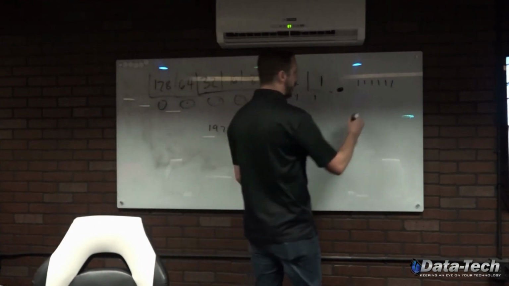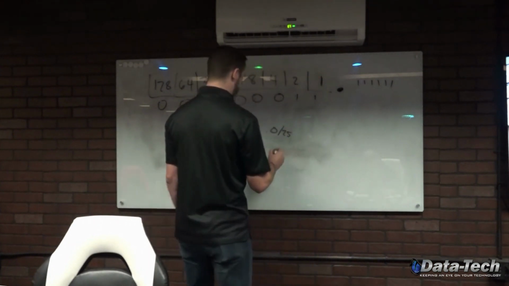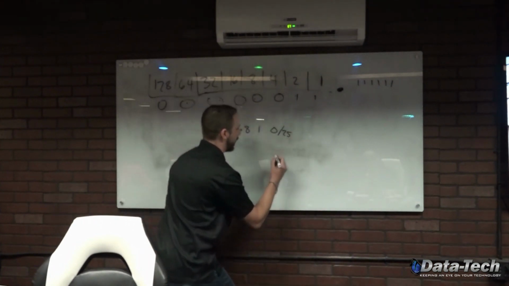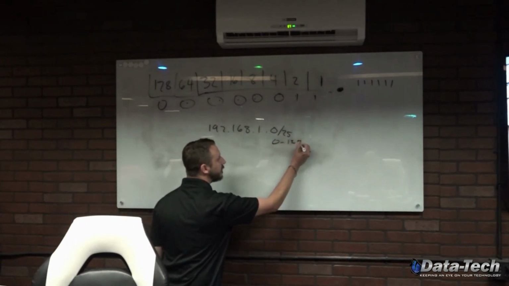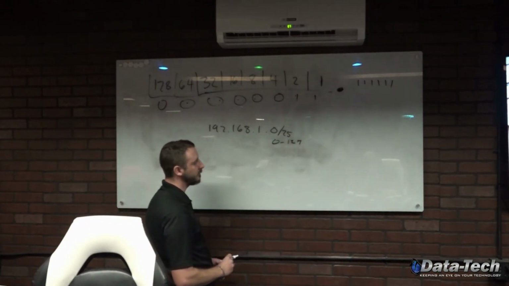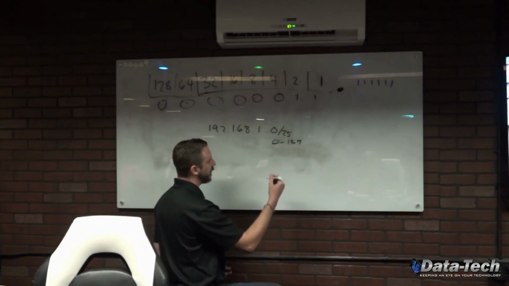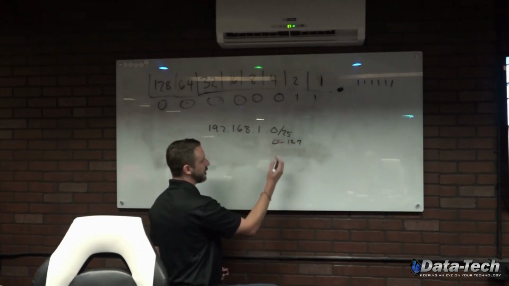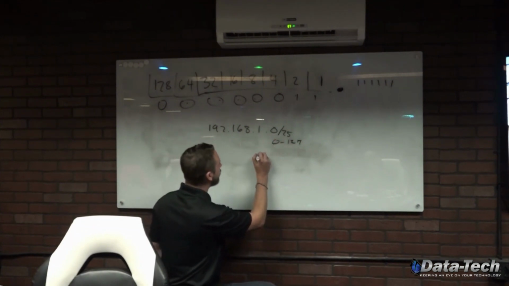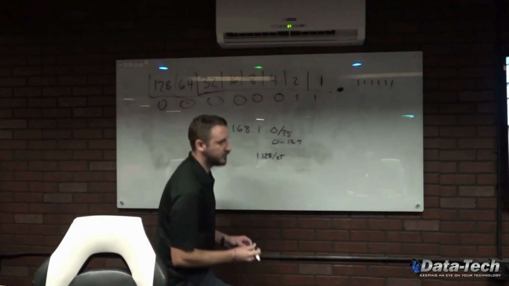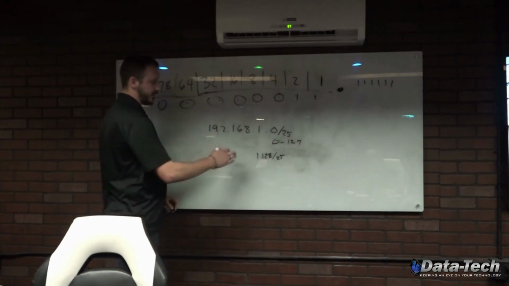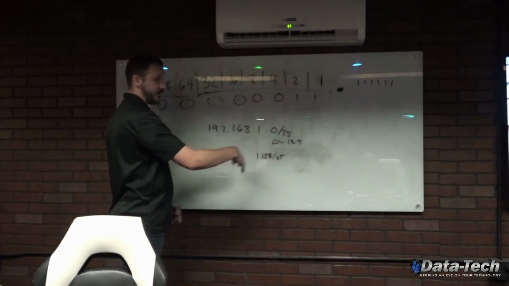What that's going to do for us is have a range of 0 to 127. And then the next network after this is 1.128/25.